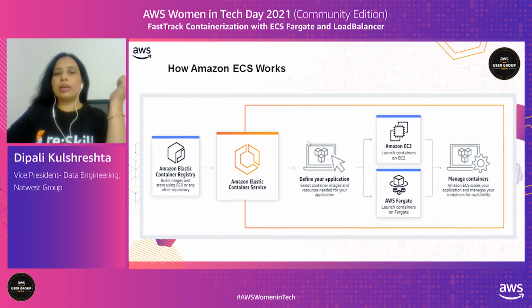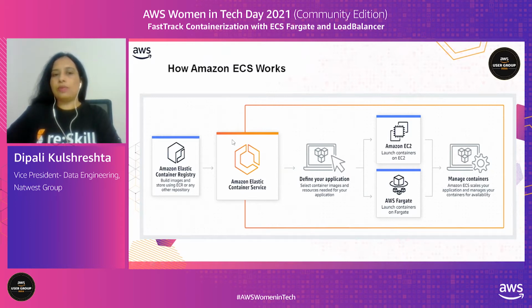These task definitions will eventually use the container images which you have stored either in Elastic Container Registry, which is ECR, or you can also refer to your images from GitHub. But the key benefit of keeping your container images in ECR is that since it is local to your account, these are more secure.